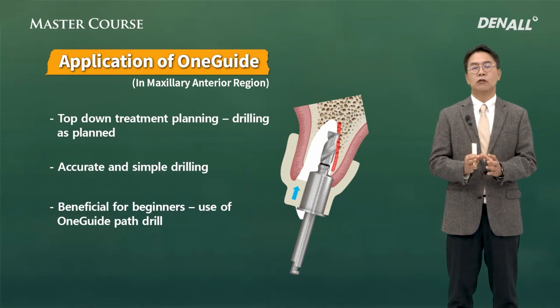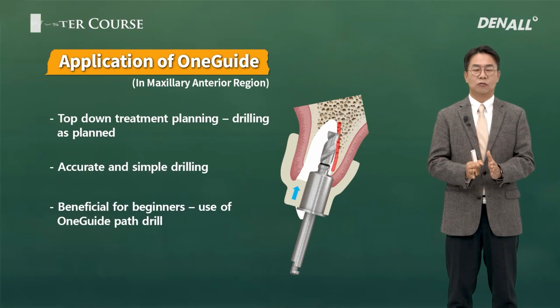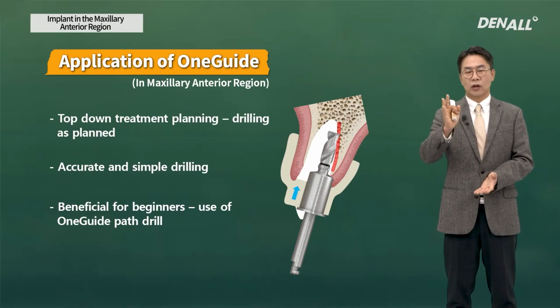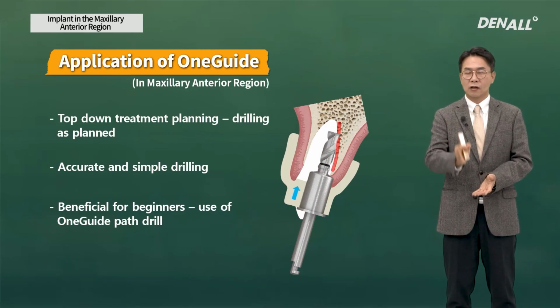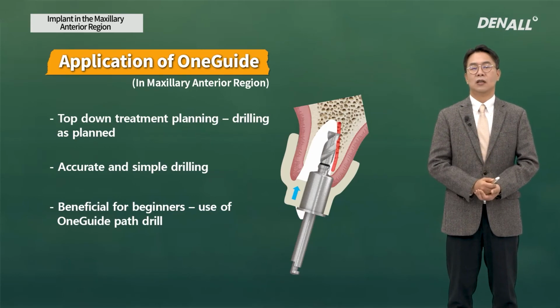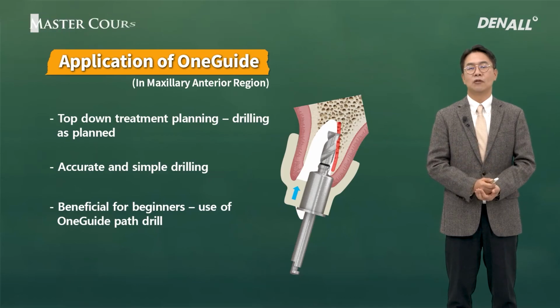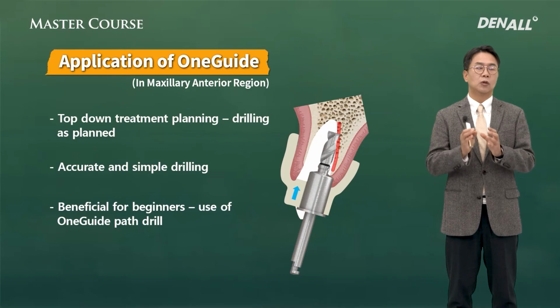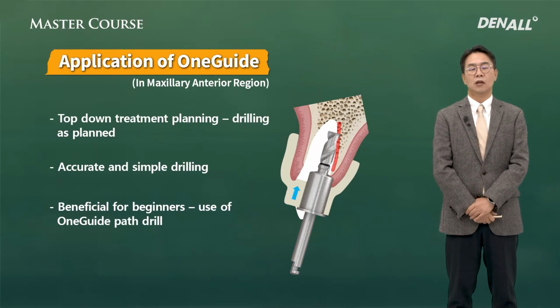In the guided surgery, specific device is used so that the guide is not pushed around, so that drilling can be done in a place where we want. Such devices and instruments are available. If we use them, even beginners can drill accurately.